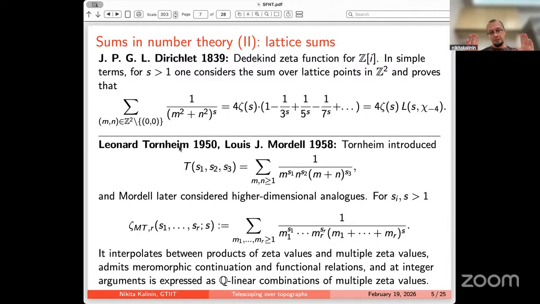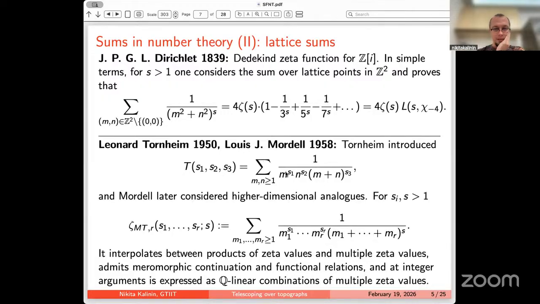And then you can evaluate a certain sum of the areas of triangles, and then naturally you are led to define a function like this. And Mordell defined the same function a bit later from another perspective. Well, and it's called the Mordell-Tornheim series.